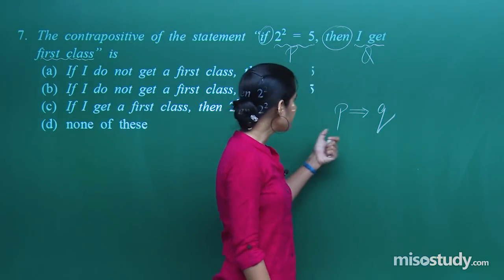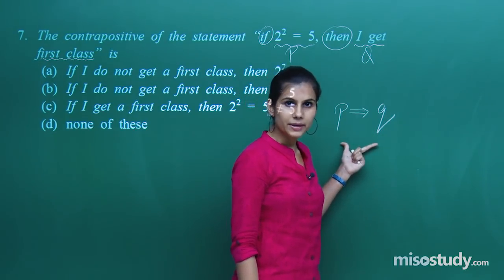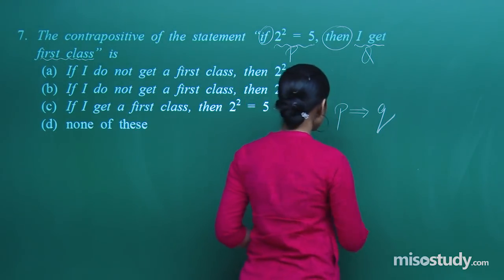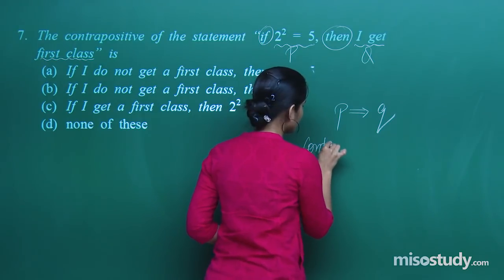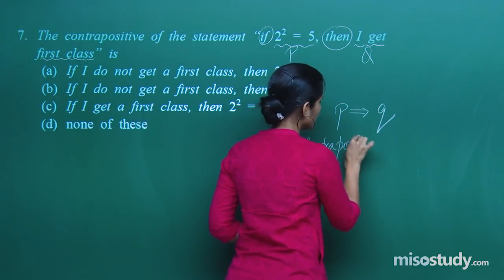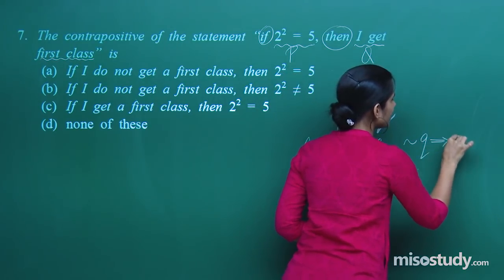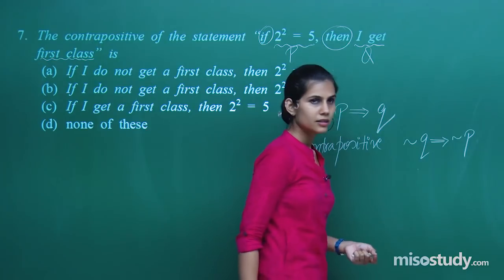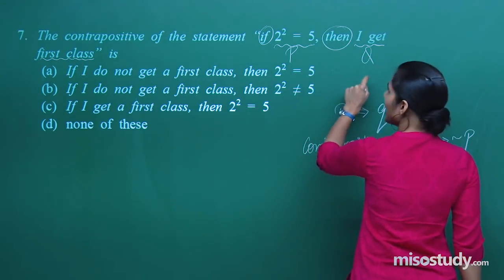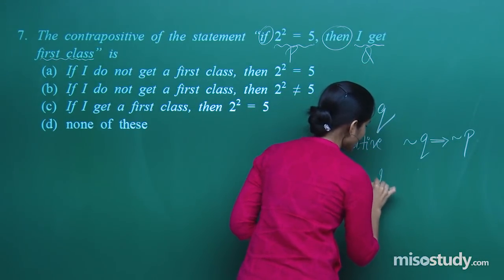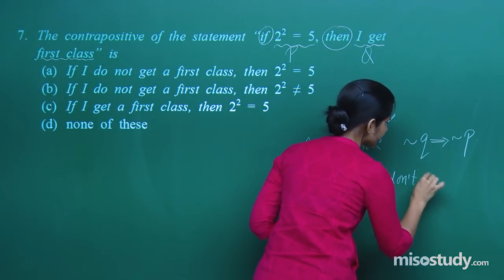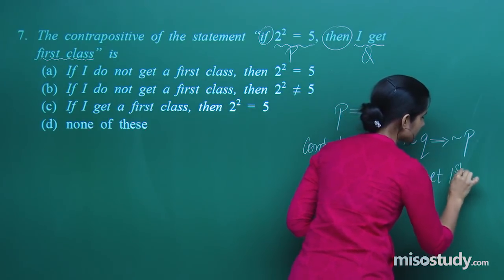You know that if P then Q is represented by P implies Q. What is the contrapositive? The contrapositive of this is given by not Q implies not P. If Q is I get first class, not Q is I don't get first class.